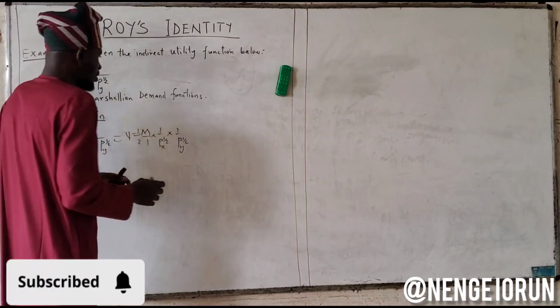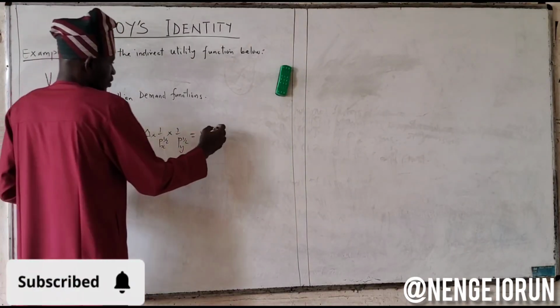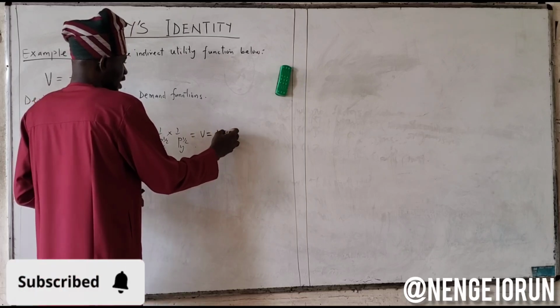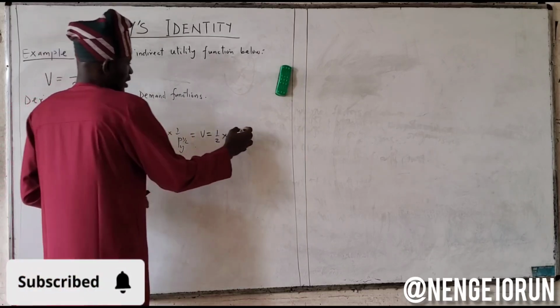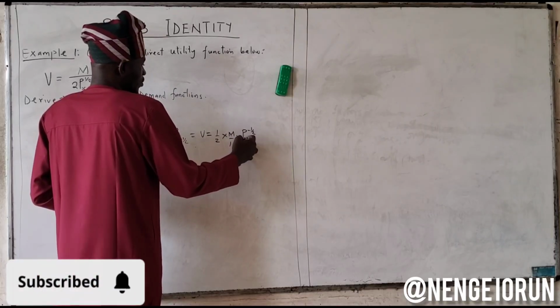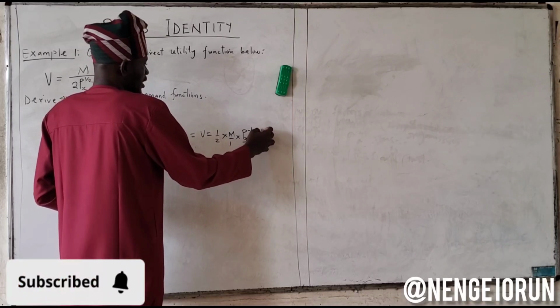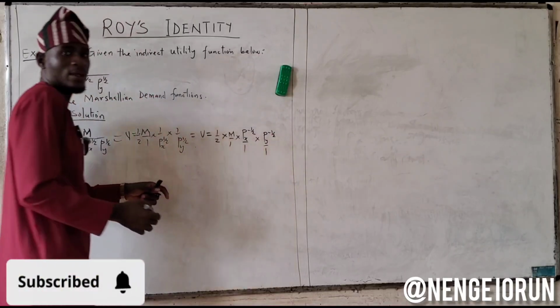Now this can also be written as V equals 1 over 2 times M over 1 times Px raised to the power of negative half over 1 times Py raised to the power of negative half over 1.